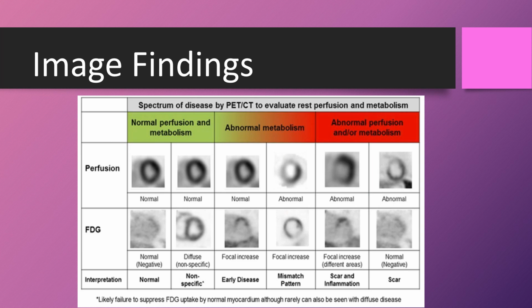So this is an example of the image findings that we see, the spectrum of disease by PET-CT to evaluate rest perfusion in metabolism. Metabolism is the FDG part, that is the viability portion. So if you see here, if the perfusion on images look normal, if there is a negative FDG study, none of that FDG really went to the myocardium, that is considered normal.